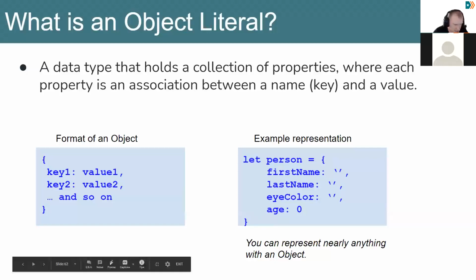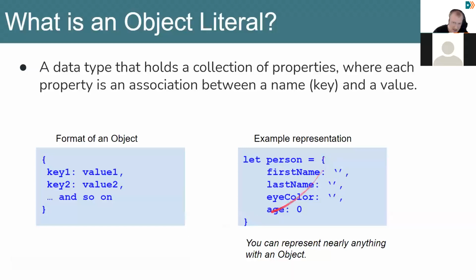Let me do this annotation thing. So I have these opening and closing curly braces. And my key here is to the left of the colon. Just seeing these things, I can immediately tell this is an object literal.